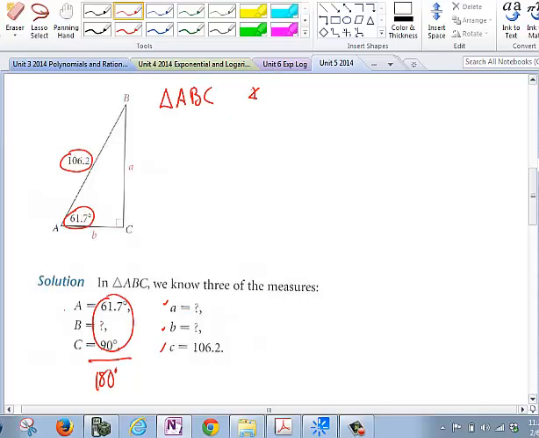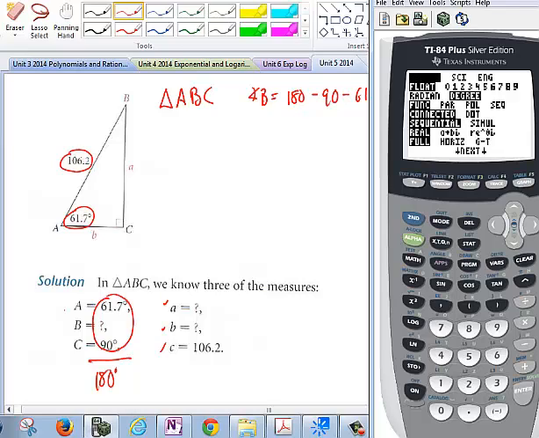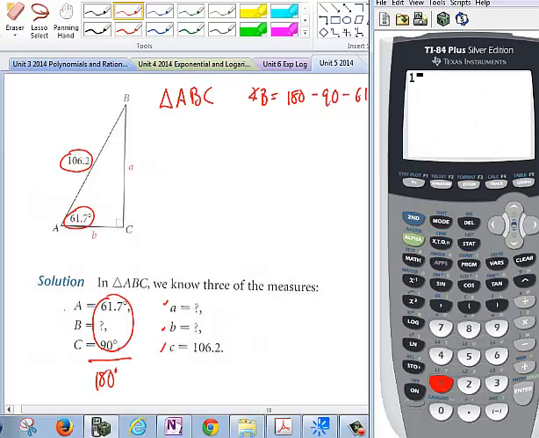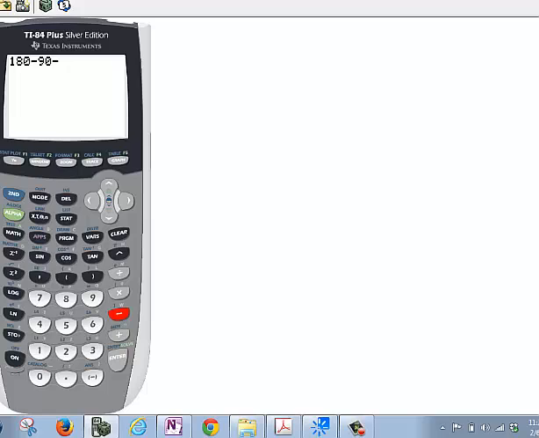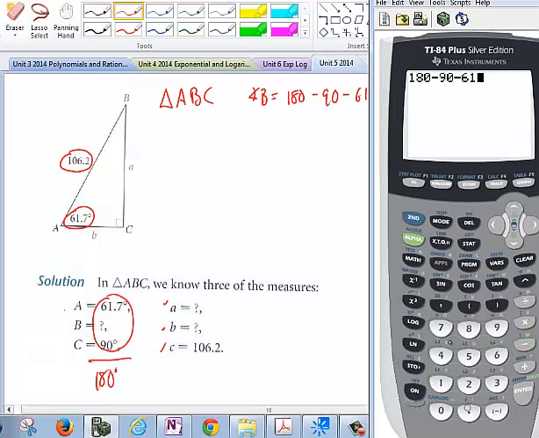We should find that angle B is equal to 180 minus 90 from angle C minus the 61.7 degrees from angle A. Using your calculator, make sure you're in degrees, you would do 180 minus 90 minus 61.7, and that gives us 28.3 degrees. So we've got all 3 angles. Now we've got to find our missing 2 sides, and then we can say that we have solved the triangle.